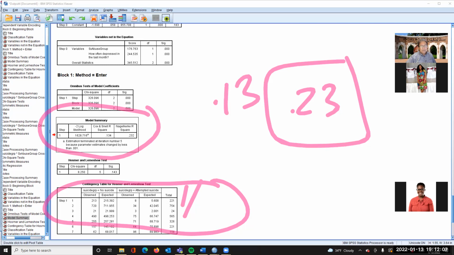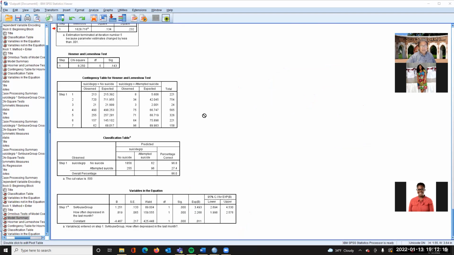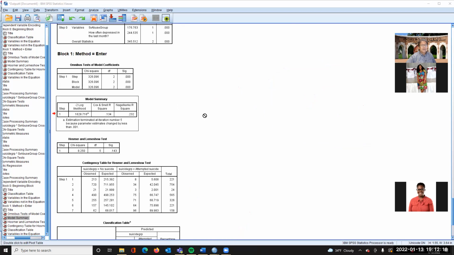So is this model statistically significant? You can look at this, and you see that it is statistically significant, meaning the two predictors are significant predictors of the dependent variable.